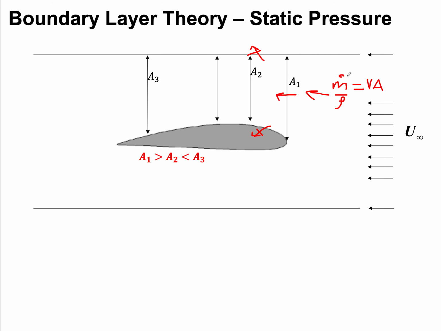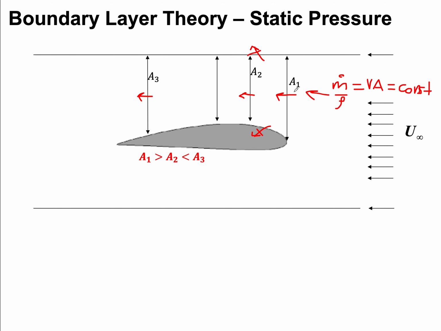So that same mass flow rate going through area 1 will go through area 2 and will go through area 3. And since the mass flow rate over density is velocity V times area A, a constant, then what does this tell us about the velocities V1, V2, and V3?